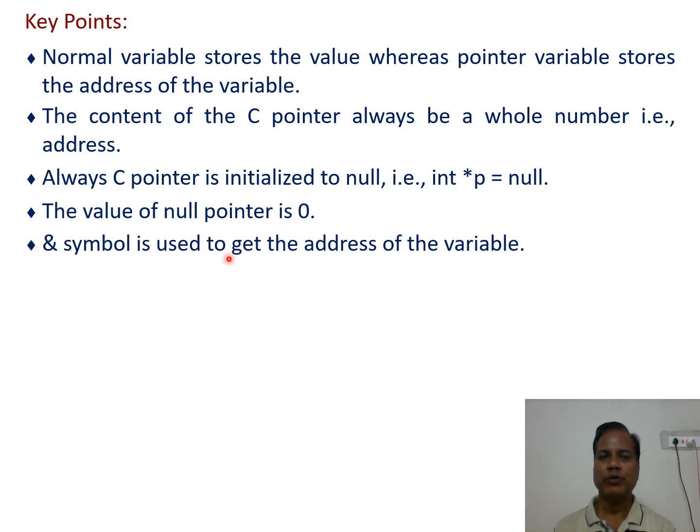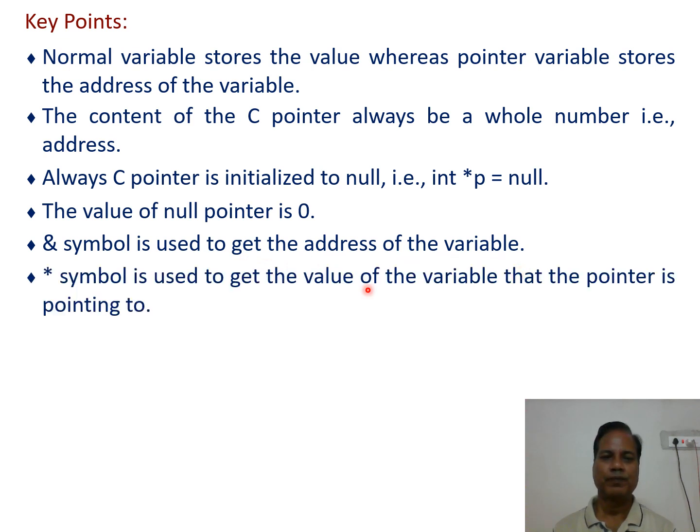The ampersand symbol is used to get the address of the variable, as we are familiar with, and the asterisk symbol is used to get the value of the variable that the pointer is pointing to.